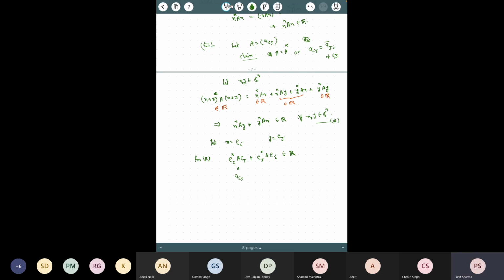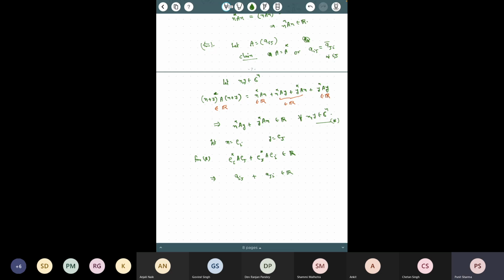And what about this one? This would be just Aji, similarly. So what we can say is that Aij plus Aji is in R. But from here we cannot say that Aij is equal to Aji bar.